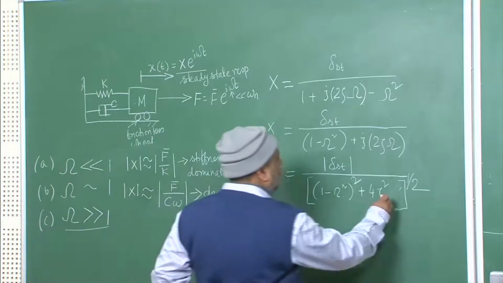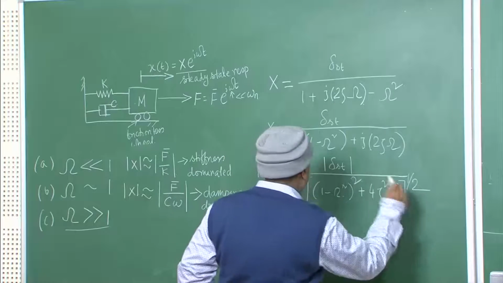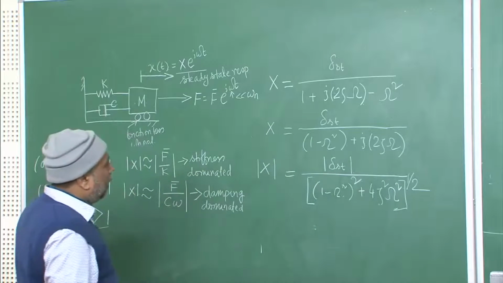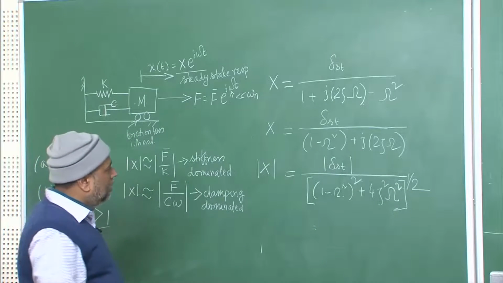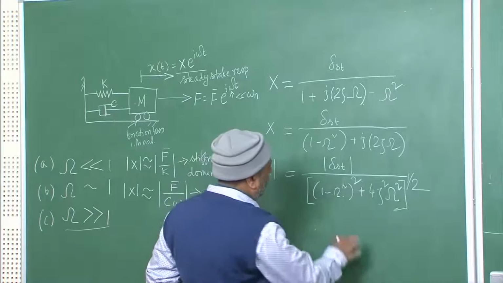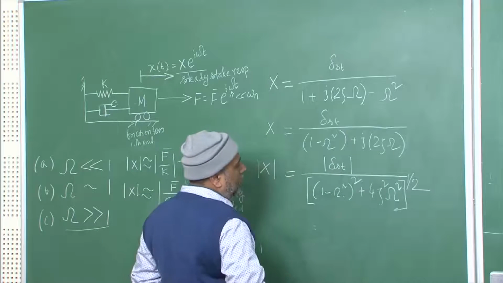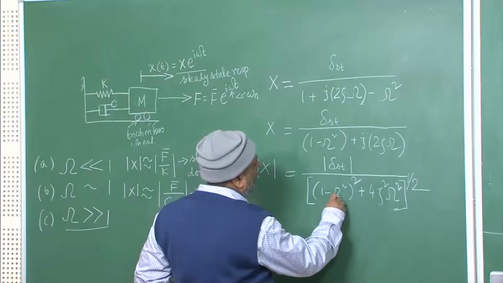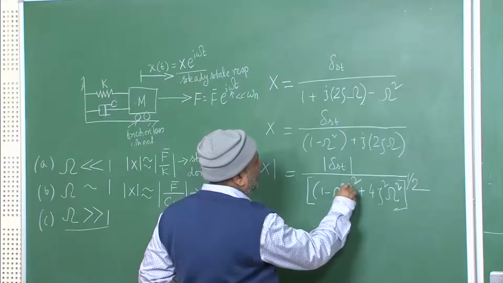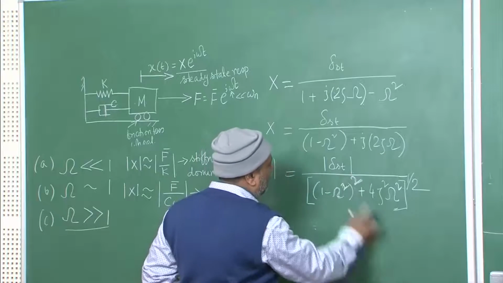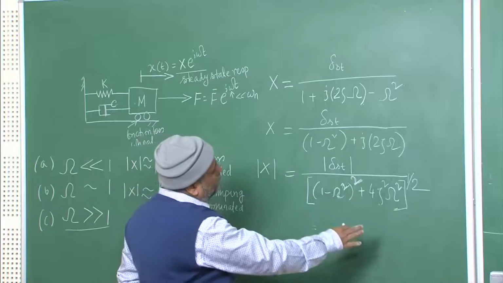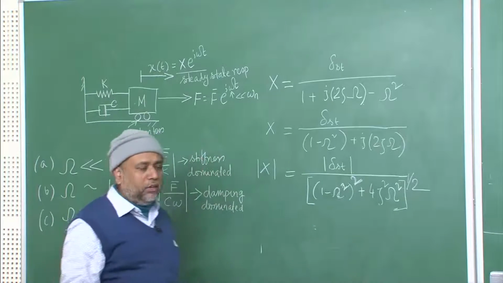That was our basic expression, and here now omega is much greater than unity. That would mean that in this denominator the highest term is actually omega square squared. That is the only term that will be much larger in comparison to any other term.